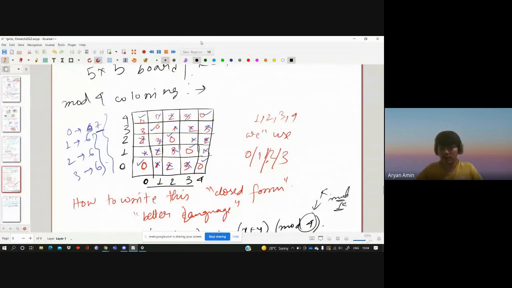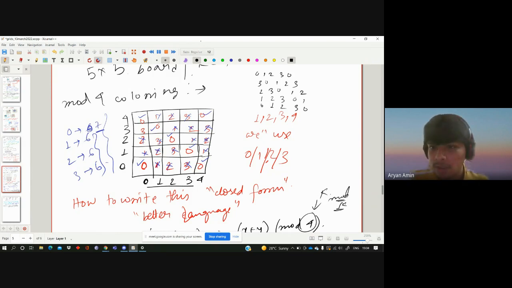I'll just write it again quickly: 1 2 3 0 3 0 1 2 3 2 3 0 1 2 1 0 2 1 3 0 1 2 0 2 3 0. Now suppose you take any four columns, just these four columns.